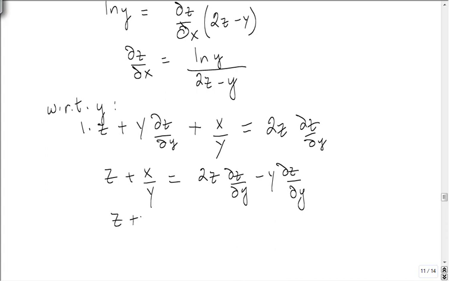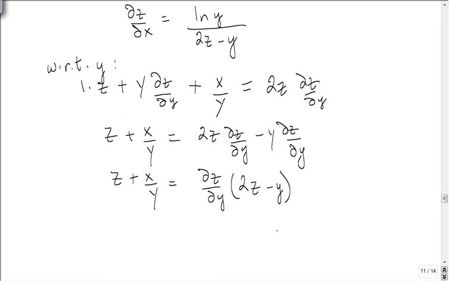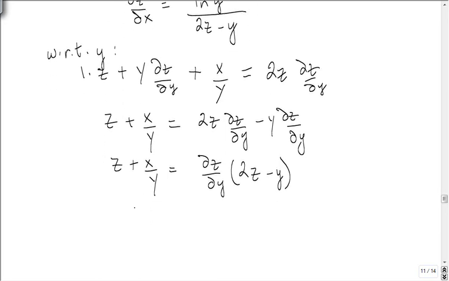So, z plus x over y is partial z partial y times 2z minus y. Partial z partial y equals z plus x over y over 2z minus y.